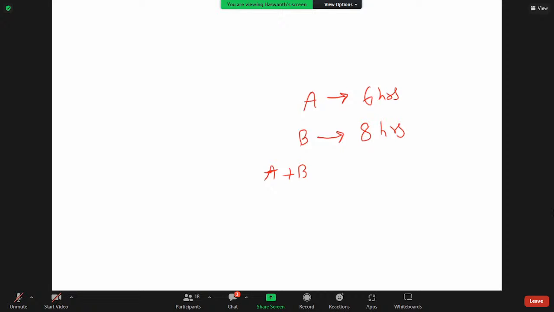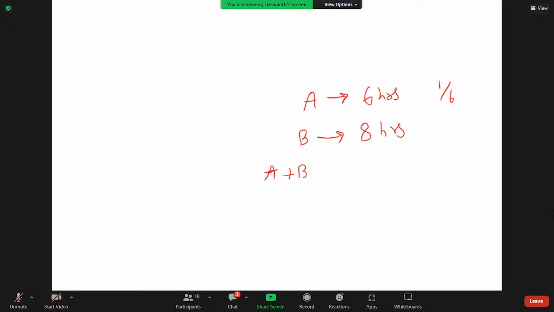So how to proceed with this kind of questions is, you have to start by finding out what work is done in 1 hour. If A takes 6 hours to complete a work, in 1 hour he will be doing 1 by 6 amount of the work. Work done in 1 hour is the reciprocal of the time taken.